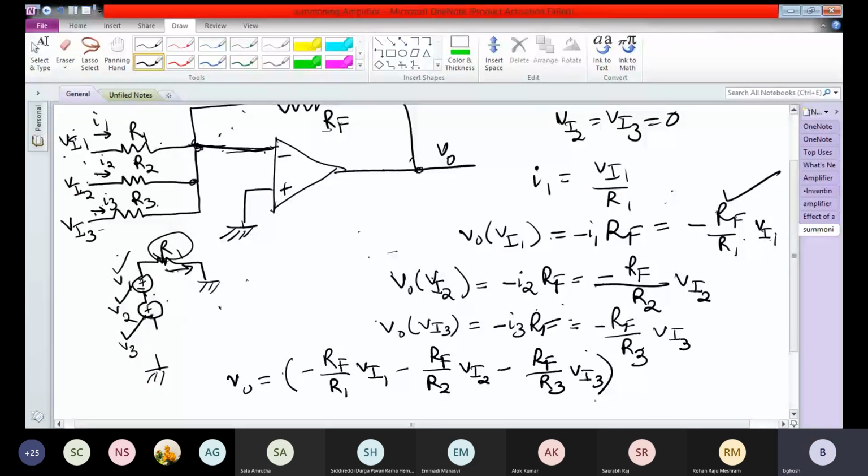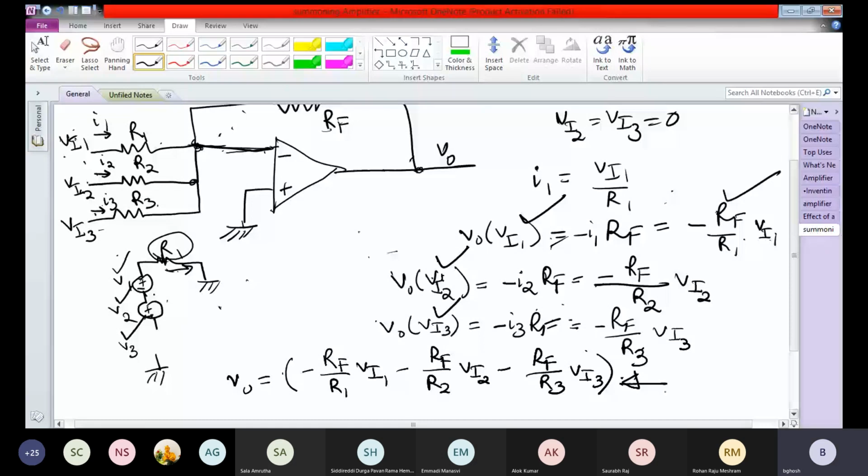That is, the output voltage due to Vi1 only working, plus the output voltage due to Vi2 only working, plus the output voltage due to Vi3 only working. So this is the total output voltage if all three voltage sources are working simultaneously. You see that this is the sum of the input voltages multiplied by different weighting factors, minus Rf by R1, minus Rf by R2, minus Rf by R3.